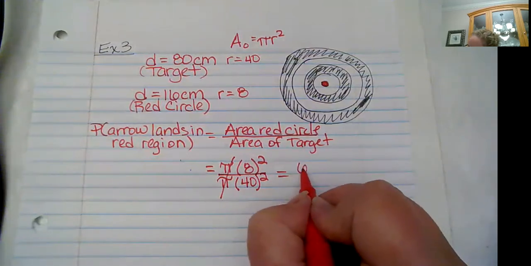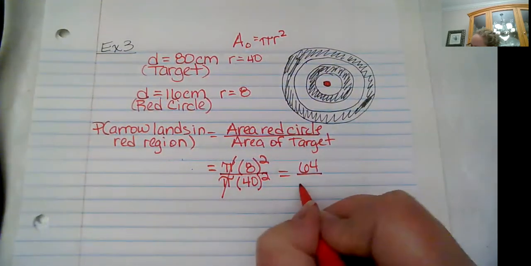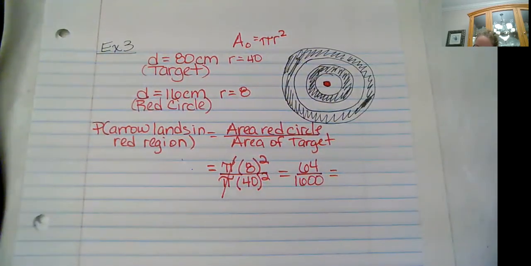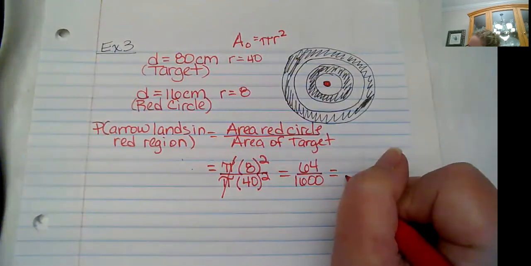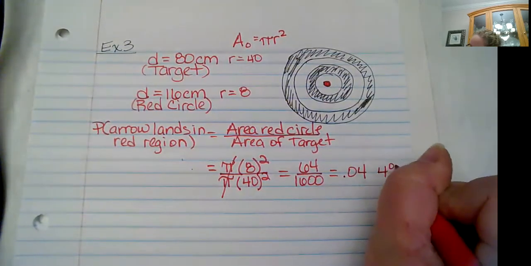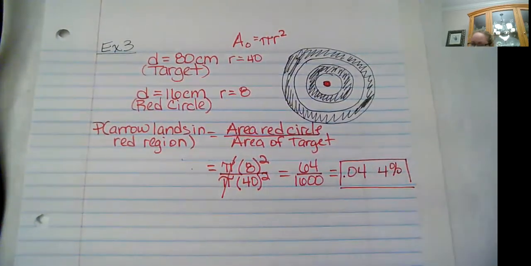So 8 squared is 64 over 40 squared, which is 1600. And then we divide. So 64 divided by 1600, and we get 0.04. So we have a 4% chance of hitting that target.